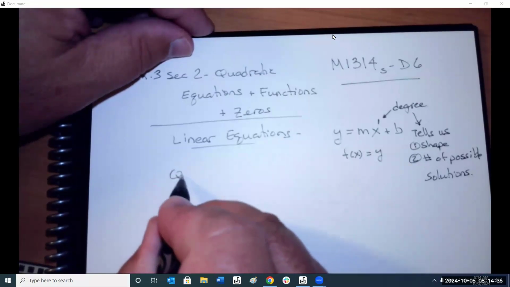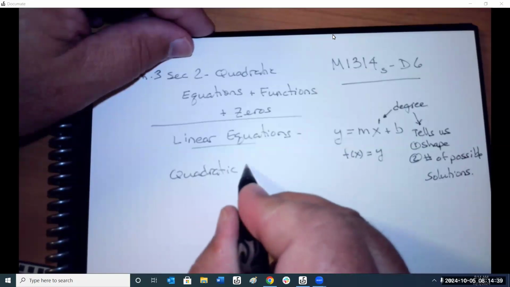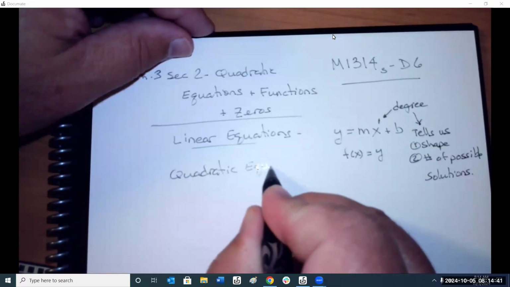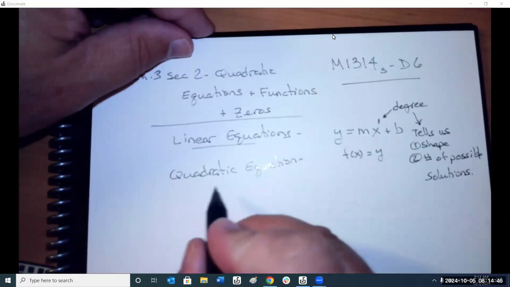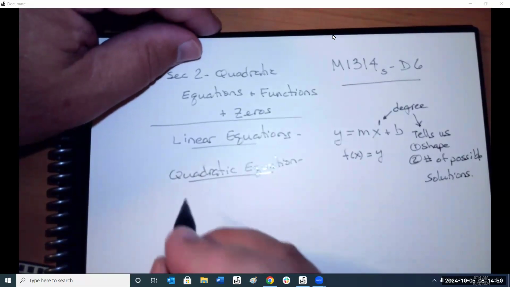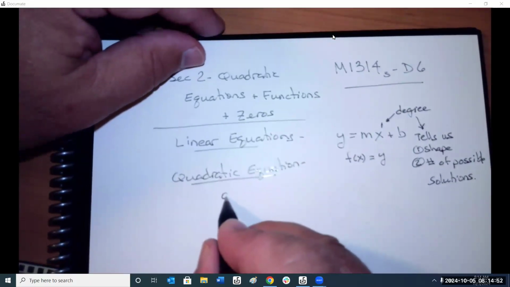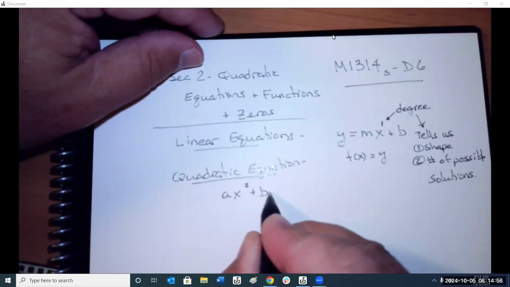Now, a quadratic equation is one that looks like this. As an equation, it has 3 terms.